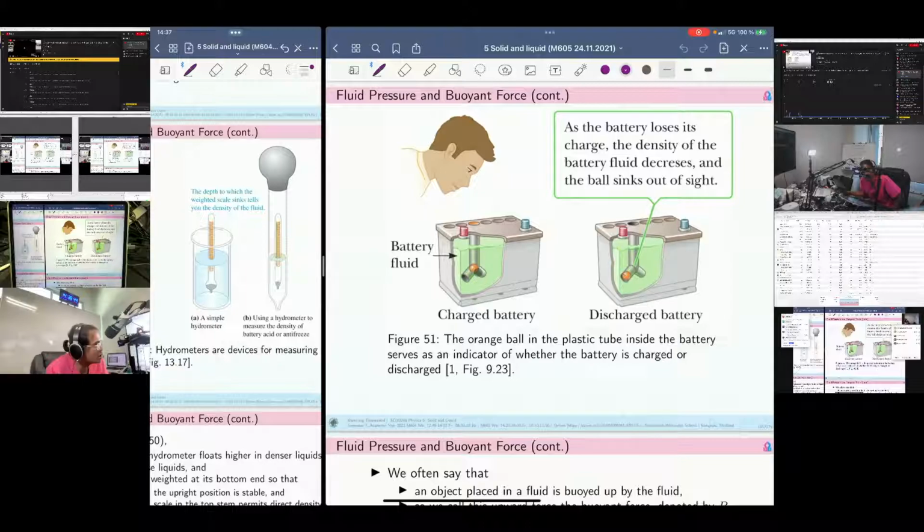The ratio between the acid and the pure water has changed. So now this liquid is not in good condition to deliver current to other components anymore.